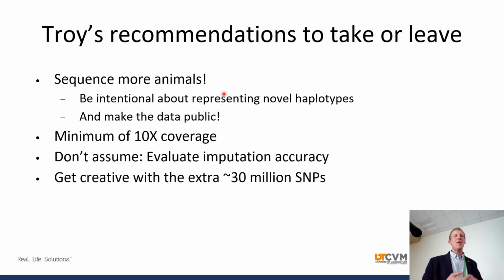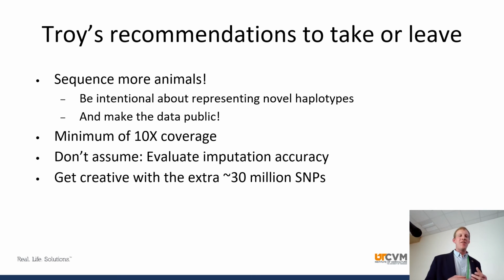So being intentional about trying to represent those novel haplotypes is going to be pretty crucial, and making that data public and accessible, some sort of a large resource that we're all able to draw on, not hiding this behind walls where we're not able to pull that extra information from one another. Again, this minimum coverage suggestion of 10x, I think there's been enough data to show that that's a pretty good threshold for inclusion into these imputation references. And not only doing this imputation, but we need to go back and evaluate imputation accuracy and make sure that we're doing things right and figuring out the things that we can tweak to possibly improve this.